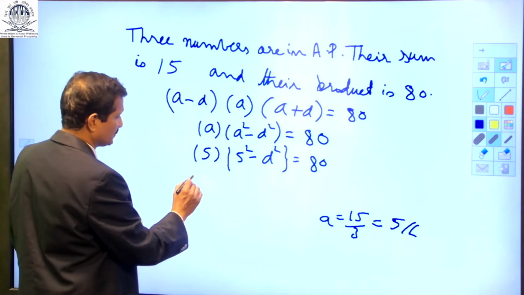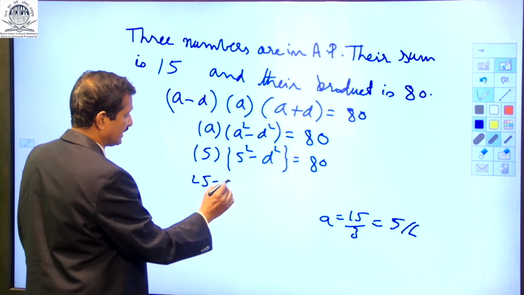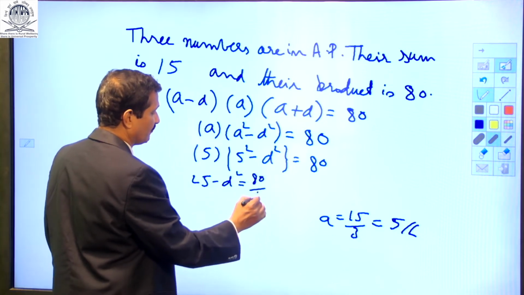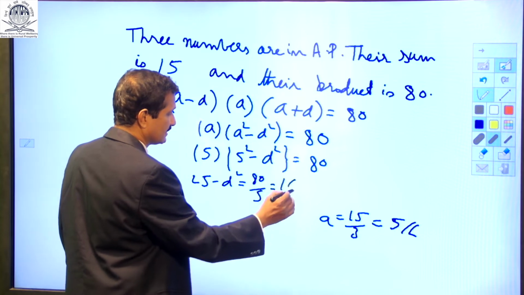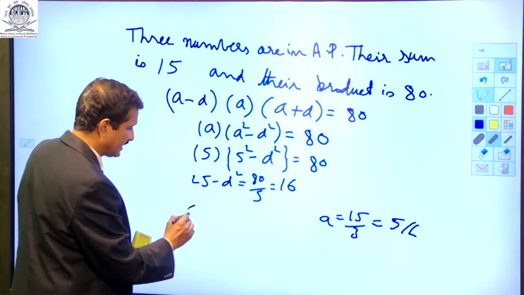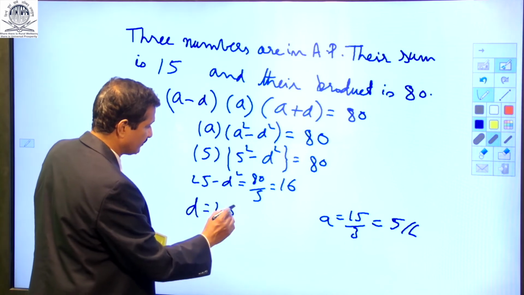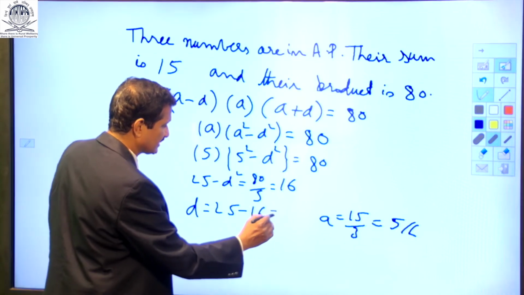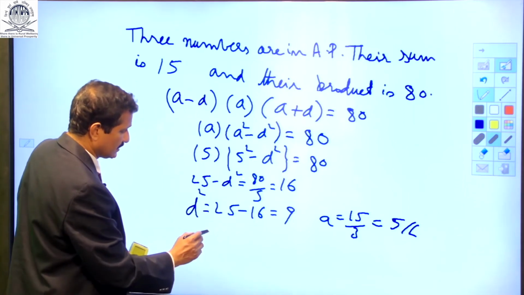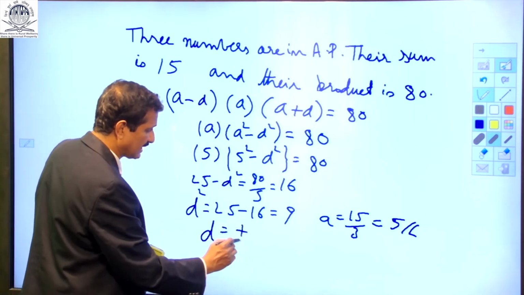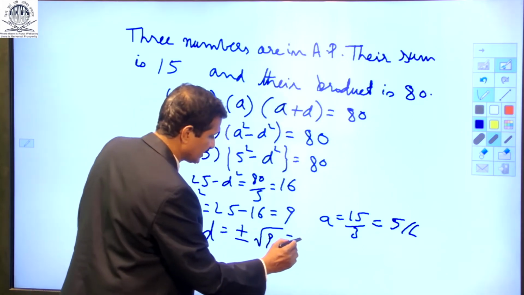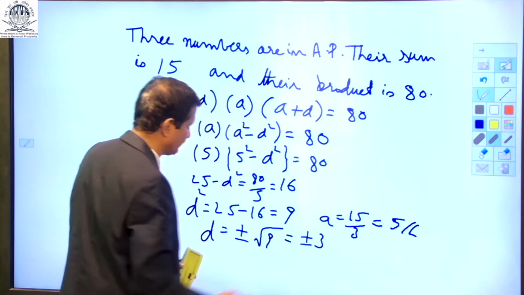So, this comes to 25 minus D square is 80 by 5, or it is 16. So, D square is 25 minus 16, which comes to 9. So, D is equal to plus or minus root of 9, which is equal to plus or minus 3.